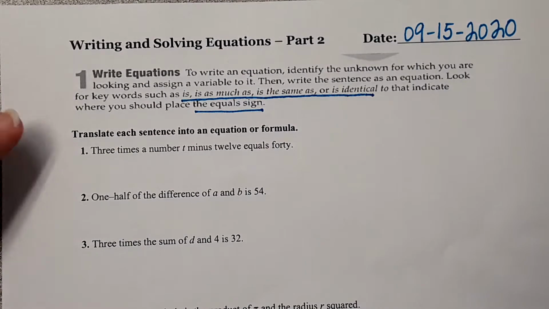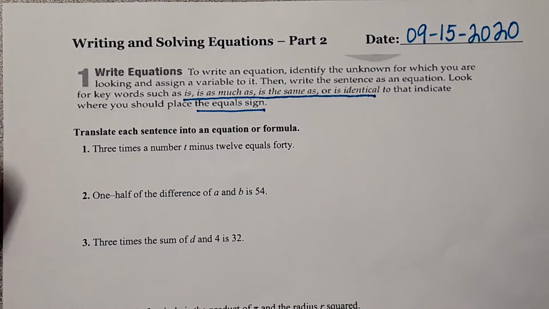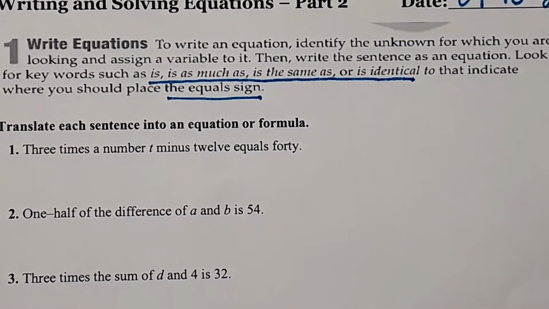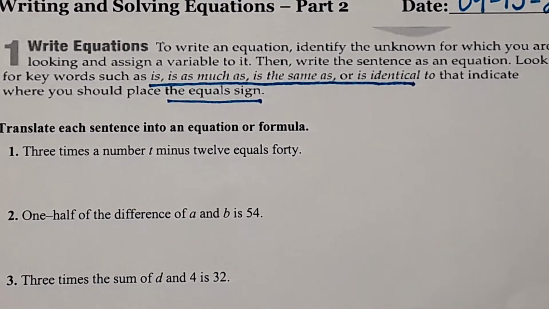So those are some words that you might see. If you see "is," the most common, as much as, that means equals. Is the same as, that means equals. Or identical to, okay? Is identical, that means that you would set them equal to each other.